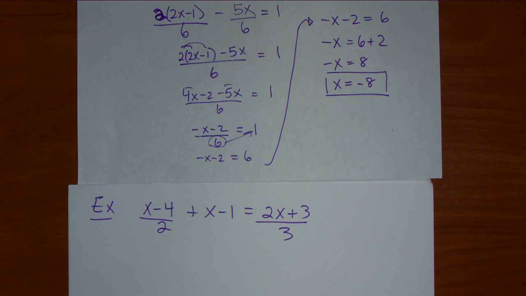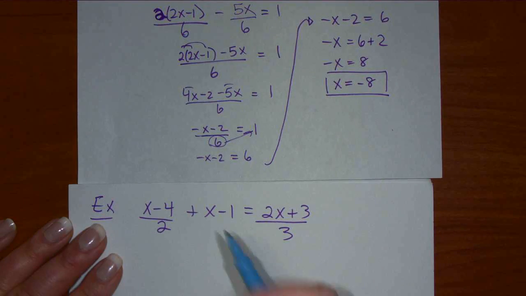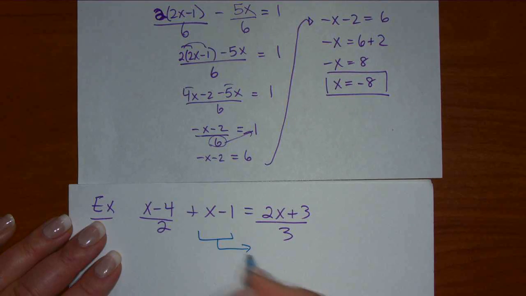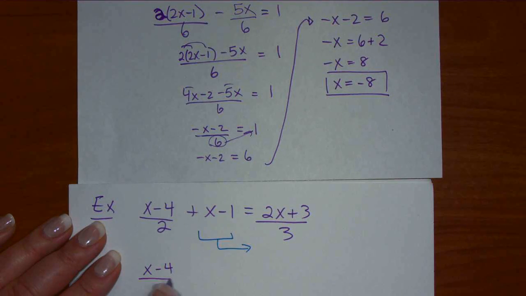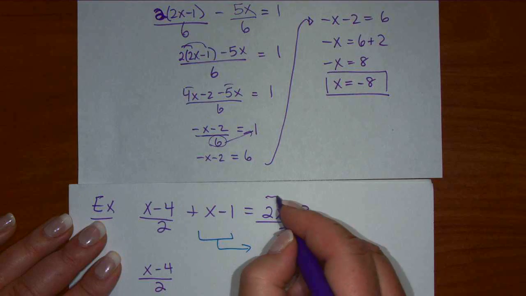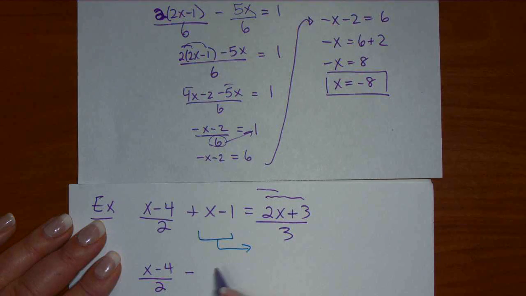Now this doesn't look like the other one, a fraction plus a fraction, but couldn't I rearrange it so that it was? Put the two fractions on one side, and the other stuff on the other side, and then you'll be able to find a common denominator. So I would move this over. Then you would have x minus 4 over 2, and then bring this minus 2x plus 3 over 3.